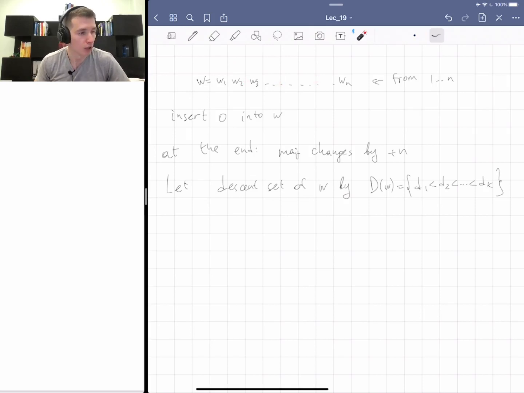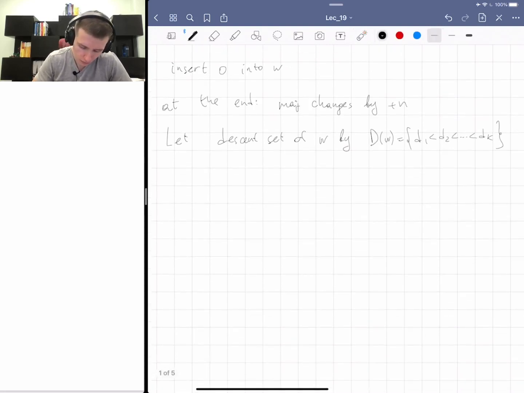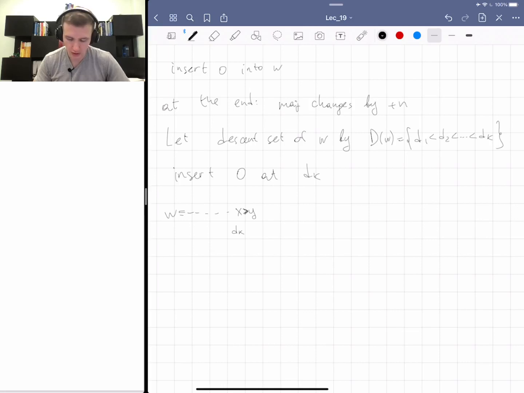What I claim is that if you insert 0 at d_k, then w was something like: there was x at position d_k and y at position d_k plus 1, and x was bigger than y, so there is a descent.